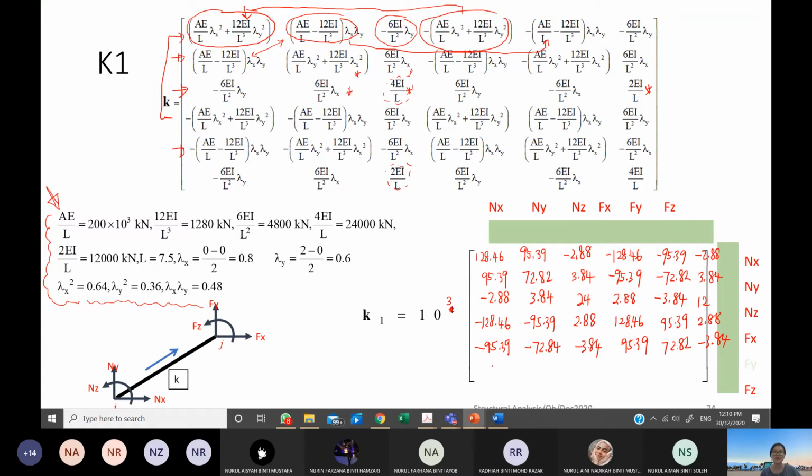So be careful as well when you copy down. If 2.88, then this is 3.84, and we have 12. Then we have 2.88, and negative 3.84, and 24.